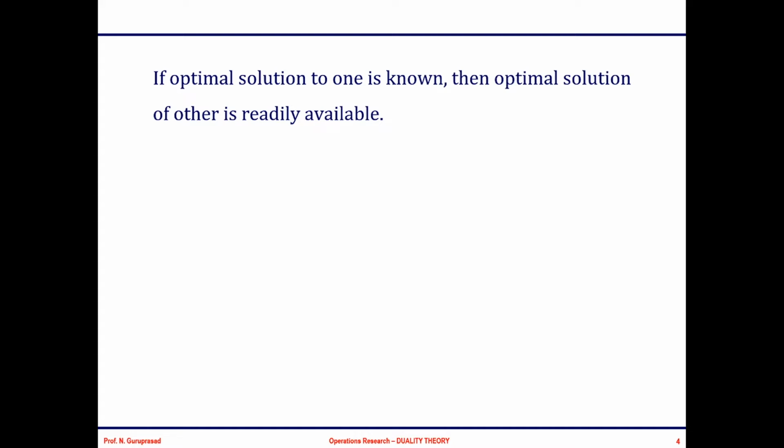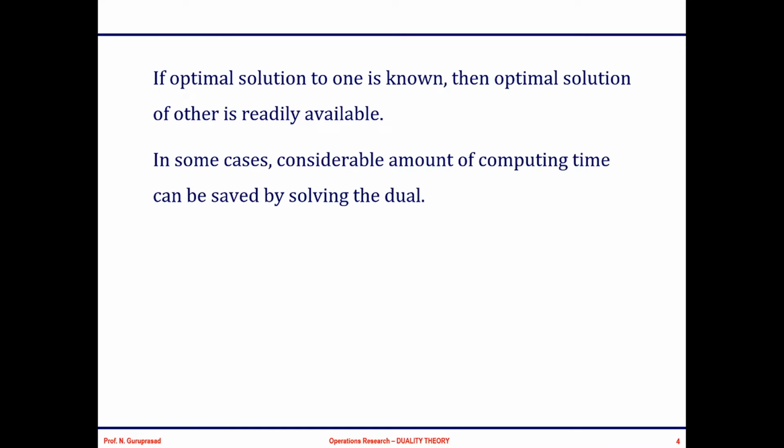Then I derive the dual of it, and without solving I will have the optimal solution with me. As we proceed, you will understand this concept of readily available optimal solution. In some cases, a considerable amount of computing time can be saved by solving the dual.